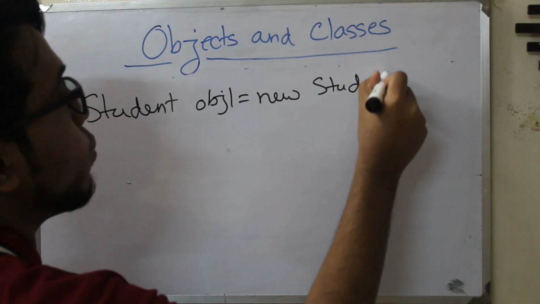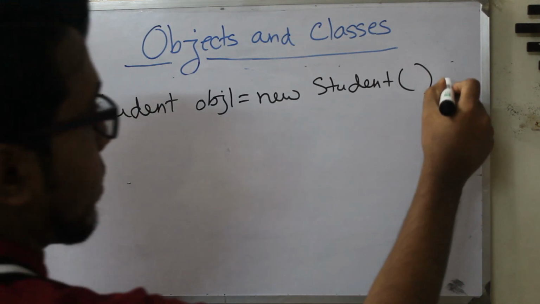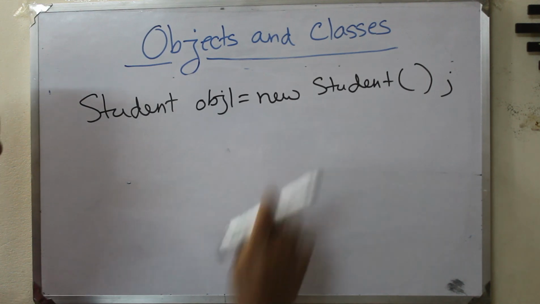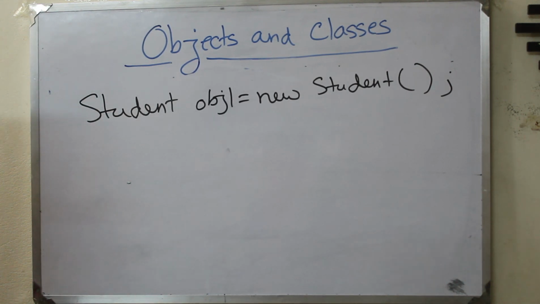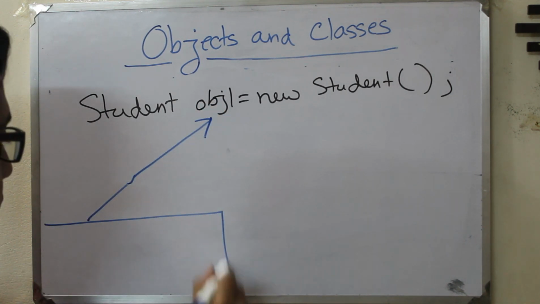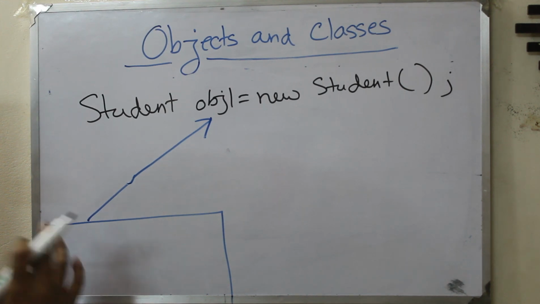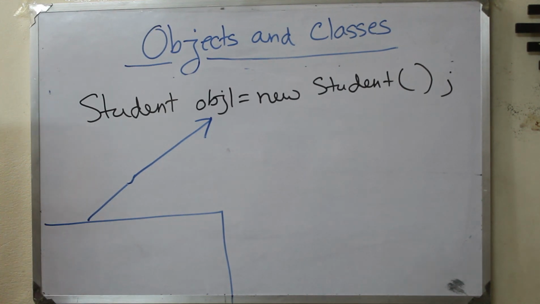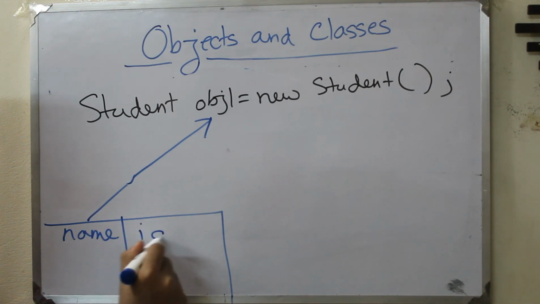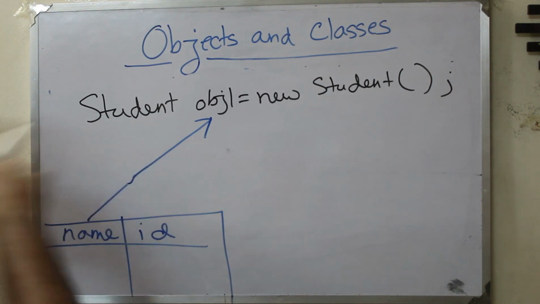Now we've done the 2 lines of code in just one statement. We're allocating a memory location for a student, and this memory location is referred to by the variable obj1. In this memory location we store the field variables of the class, which are the name and ID of this student, referred to by obj1.